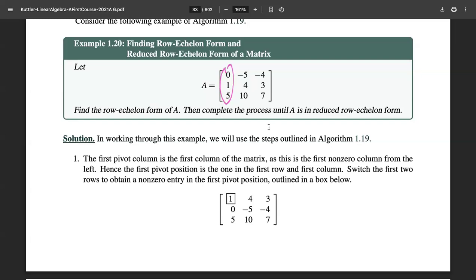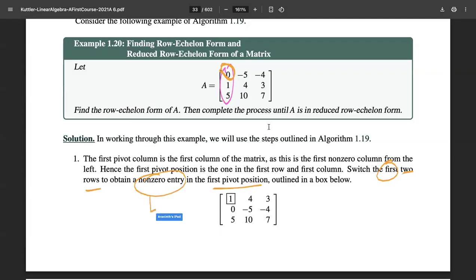The first pivot position should be at the top. Essentially, that's what the second line says. But now it's a 0, right? And pivot positions are leading entries, so they have to be non-zero. So we are going to swap the first 2 rows to obtain a non-zero entry in the first pivot position.